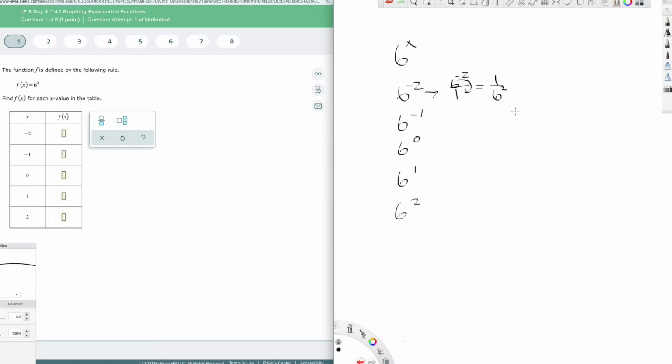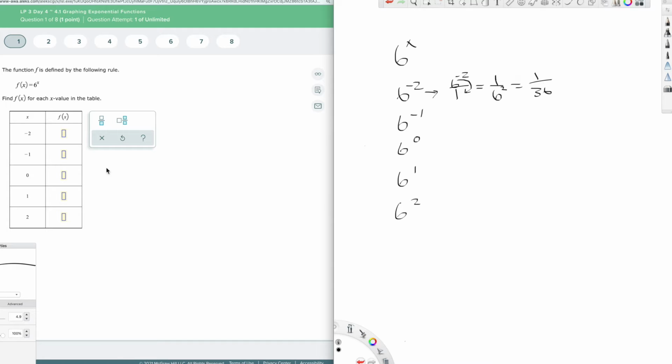This would also become a decimal if we divided out 1 divided by 6 squared, which gives us 1 over 36. I don't believe they're going to want us to do that because we would end up rounding. Let me make sure. Because it's divisible by 3, I'm pretty sure. Yep, we'd have to be doing some rounding because it's a repeating decimal. Since this is divisible by 3, I know that's what's going to happen here.